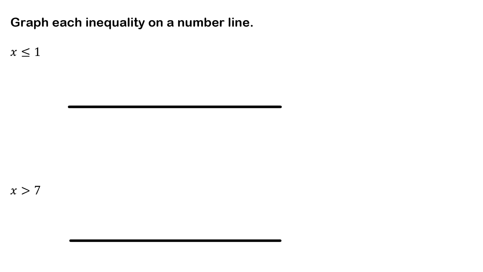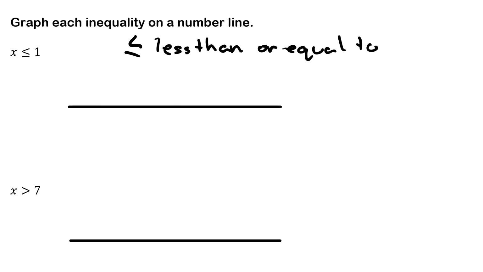Now we're going to graph some inequalities. The first one we have here is x is less than or equal to 1. I like to start with the number. If I've just got a blank line, I like to put the number that we're given in the middle, so that's 1.